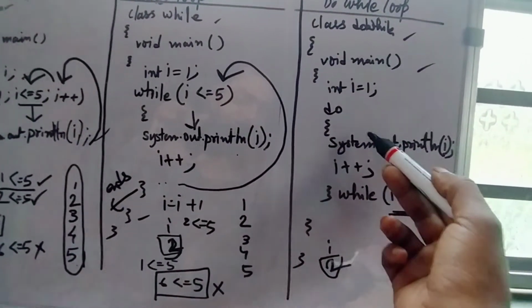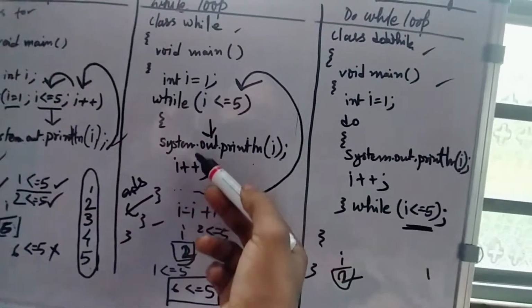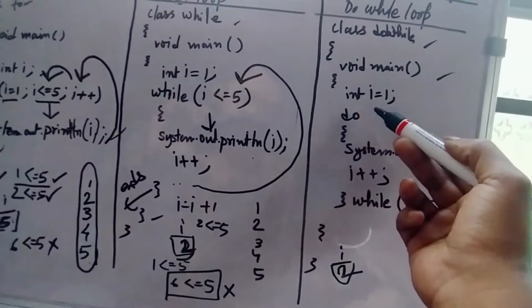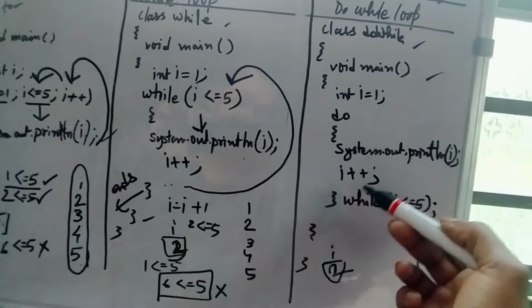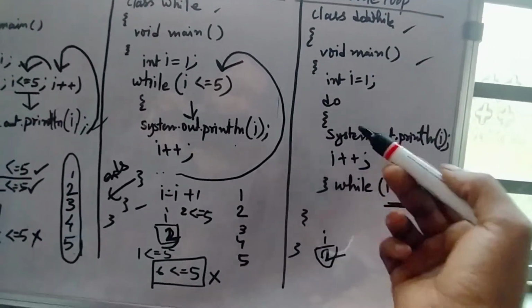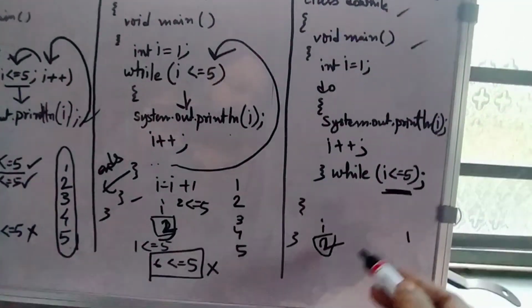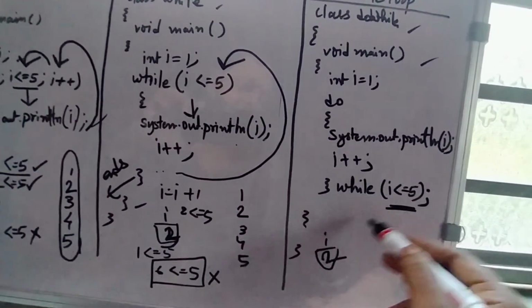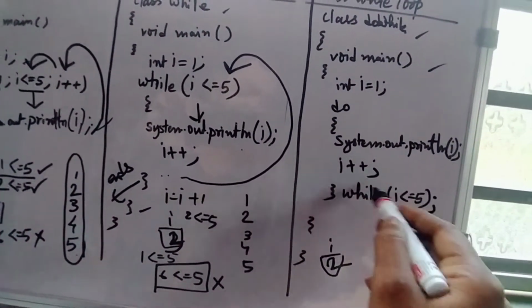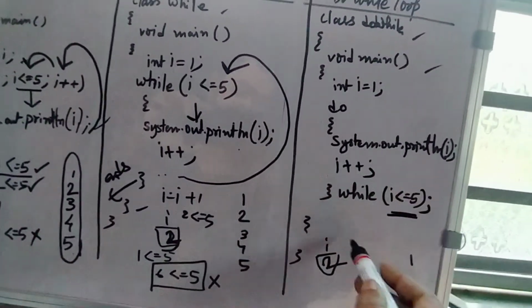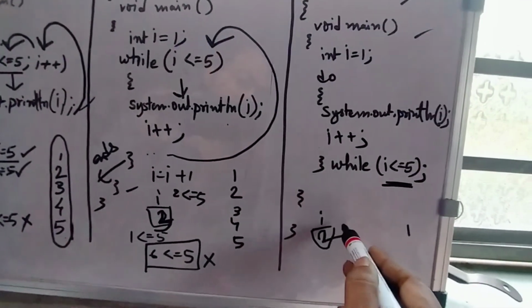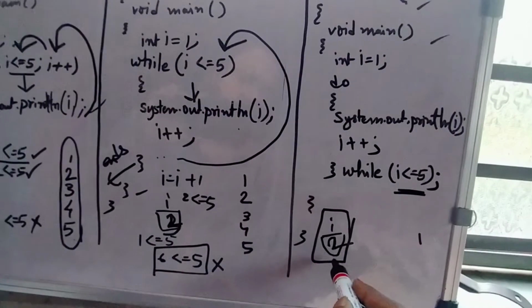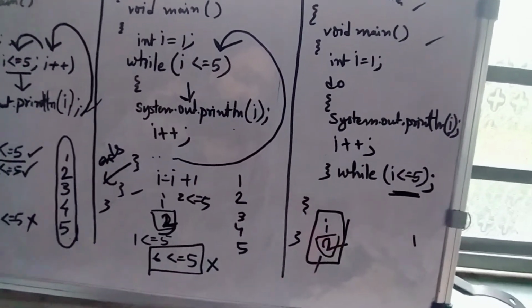In a do while loop, you first enter into the loop, and then after entering into the loop, you check the condition. So while i less than or equal to 5, here the checking is done. Since you can see i has already been increased by 1, i's value is now 2.